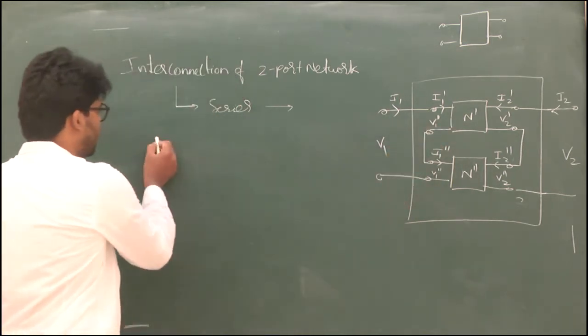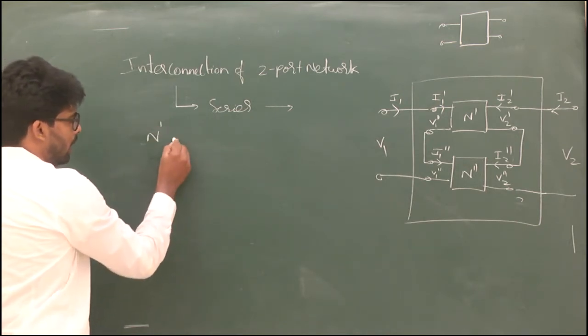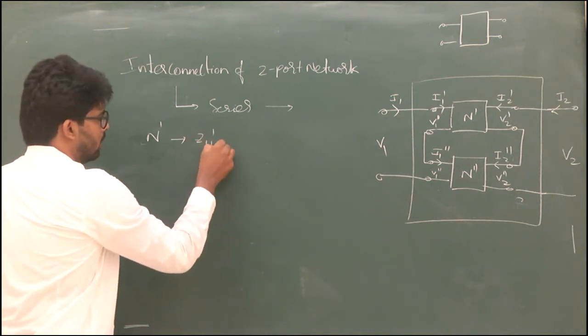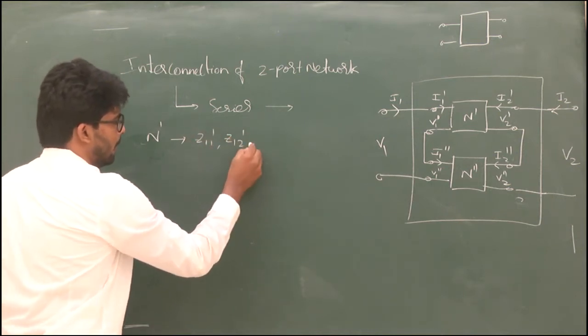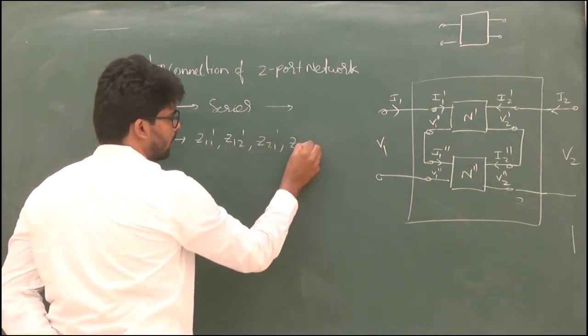Now let us take the Z parameters of network 1 as Z11 dash, Z12 dash, Z21 dash and Z22 dash.